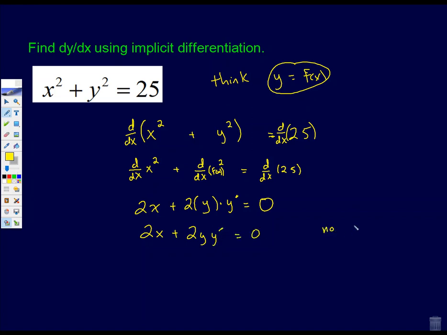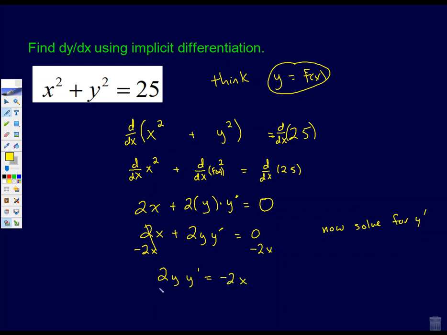And now we want to solve for y prime. The term that has the derivative y prime is over in the middle, so I'm going to subtract from both sides of my equation the other term. And so now it says 2y times y prime equals minus 2x.